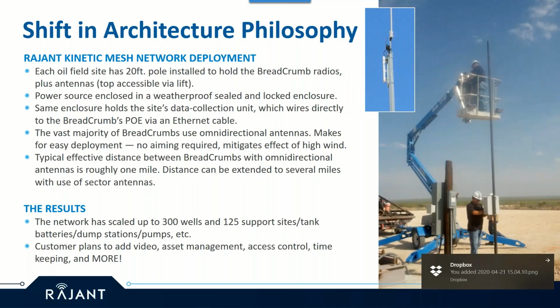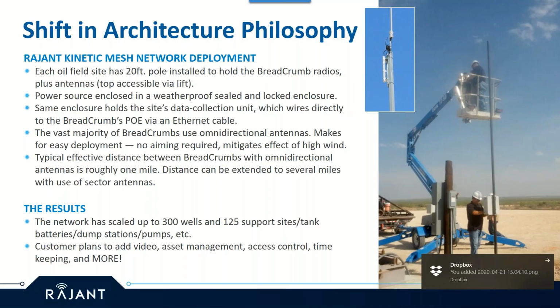Implementing a pole infrastructure throughout where the Rajant breadcrumbs were deployed, looking at enclosures that were suitable for the field, the distance, and looking at how you were going to do the wells.